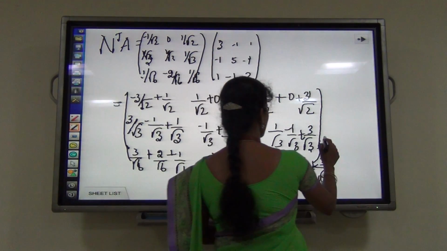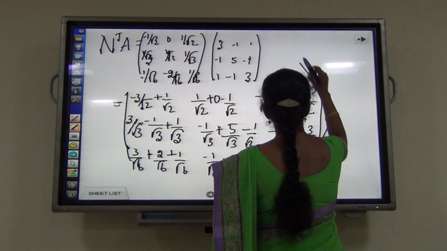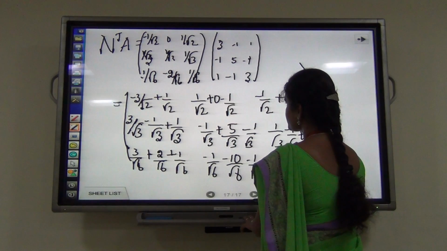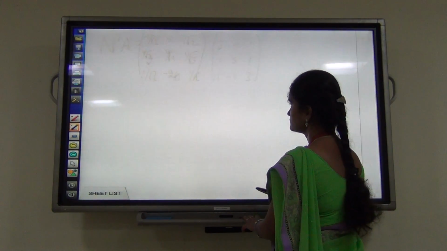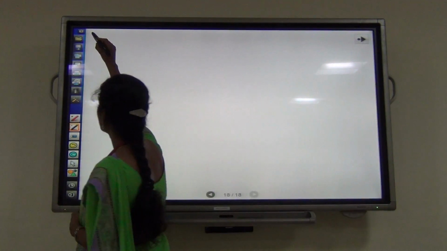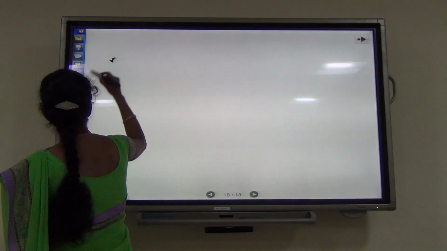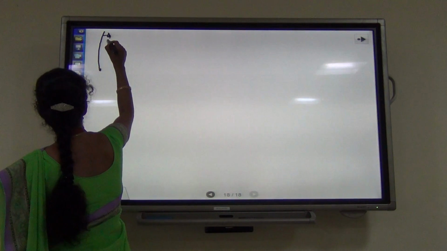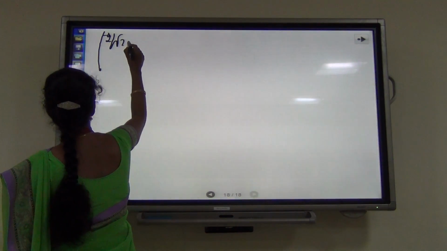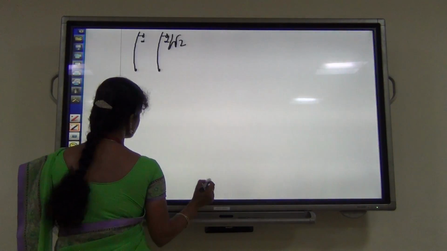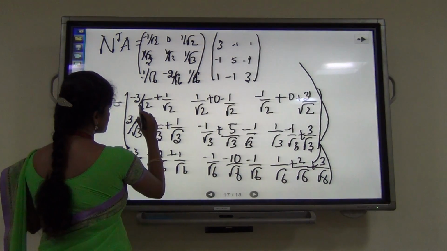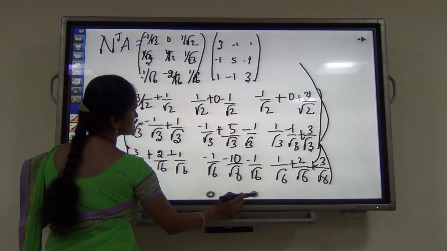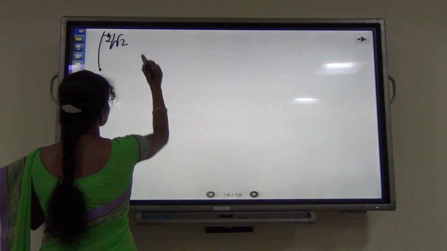Let us write the simplified form on the next page. Minus 3 by 2 plus 1, so it is minus 2 by root 2. This is 0, this gets cancelled. This is 0. There you will get 2 by root 2.